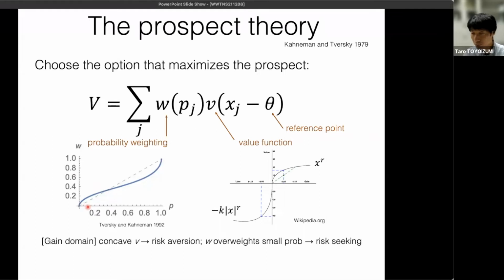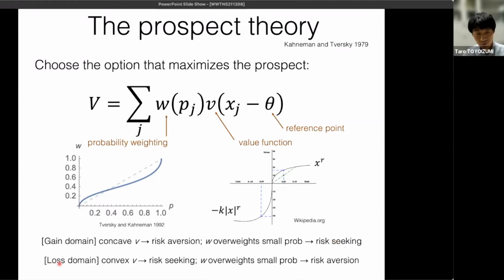If there is a gambling option with a low probability but gaining a lot of money, then people overestimate such a probability of winning the lottery and prefer taking the risk-seeking option. So that's the basic mechanism of how the prospect theory explains people's behavior.